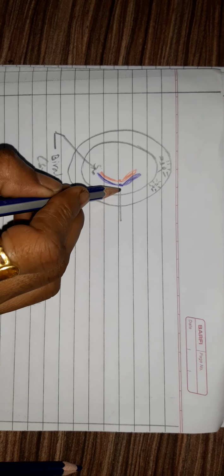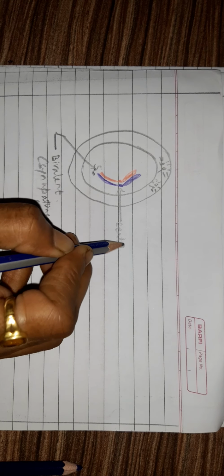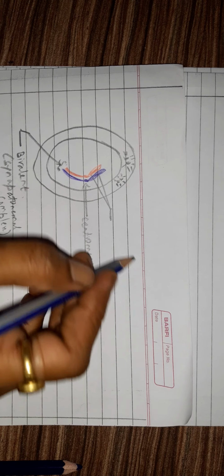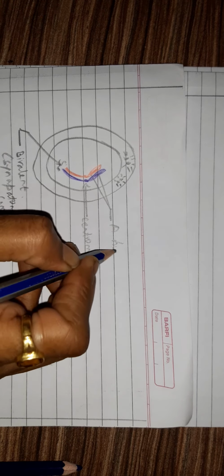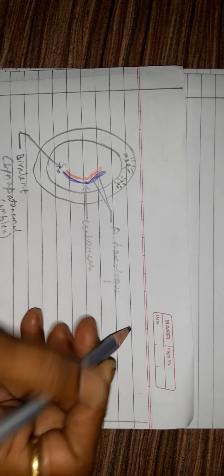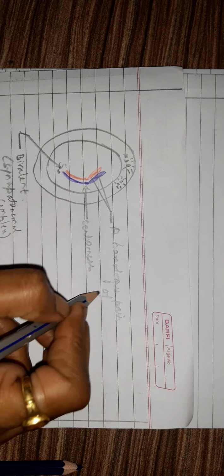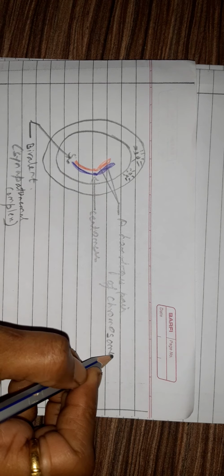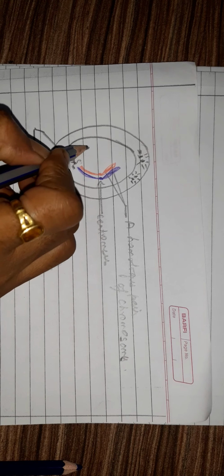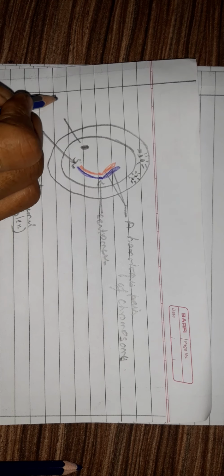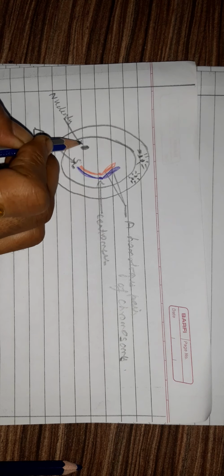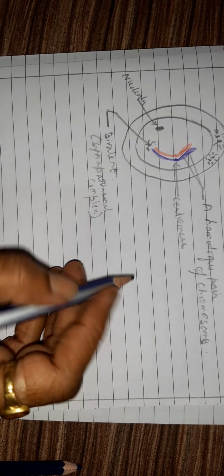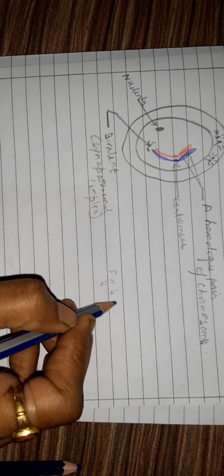Then this is centromere, and these are homologous chromosomes, the homologous pair of chromosomes. This is nucleolus. So this is zygotene where a bivalent is formed. Figure B, zygotene.